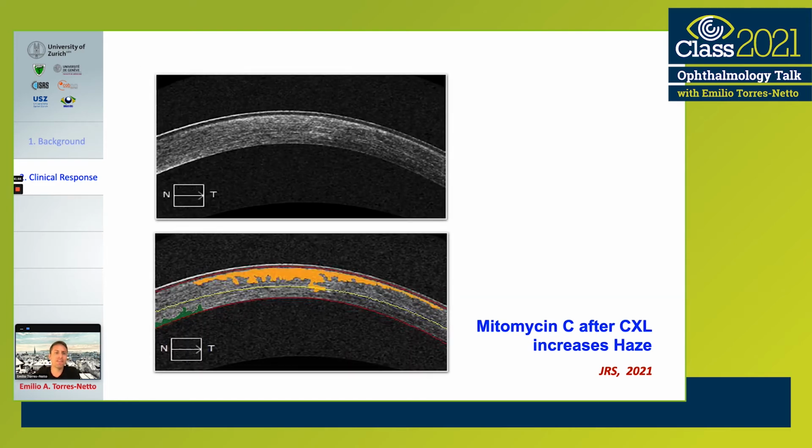So we believe that the mitomycin apoptotic effect on the keratocyte population together with cross-linking would result in a major cell dropout in the treated area, and this would probably be the reason why, even using mitomycin C, after cross-linking there is an increase in haze, and this was measured with software.